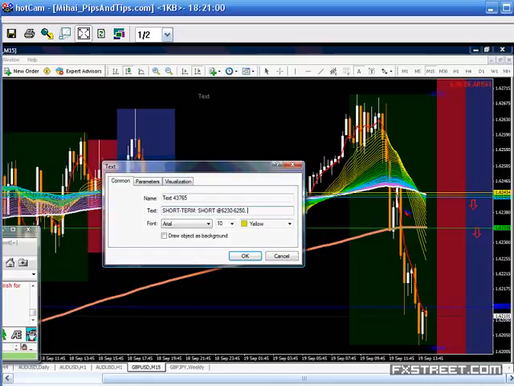Now, if this key area of resistance breaks and we go to 62.70, even if it's very close to the upper line of this entry area, I would already not be interested to continue.